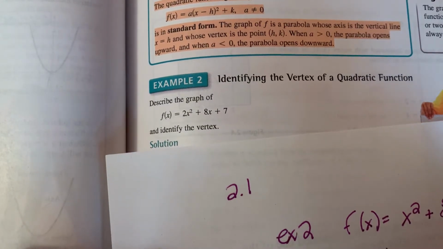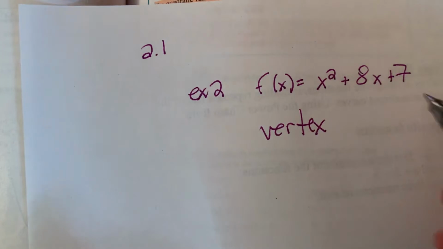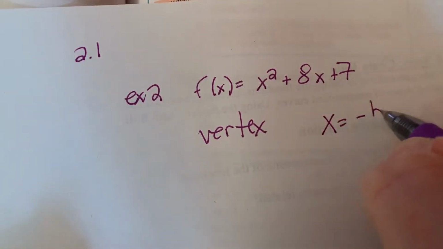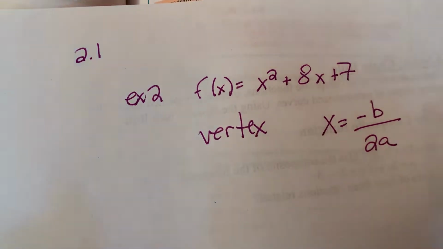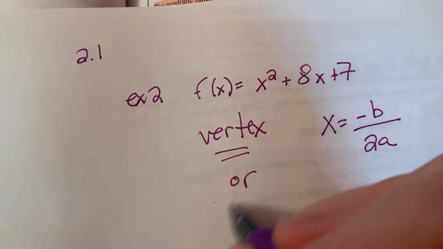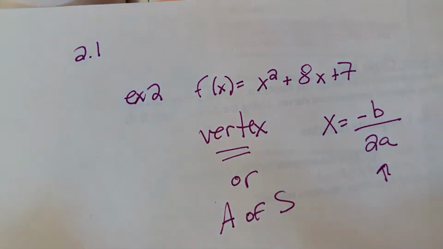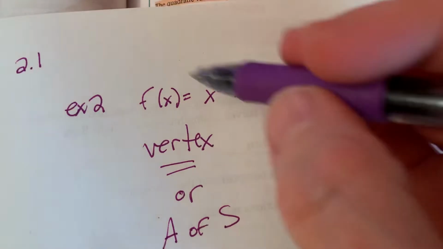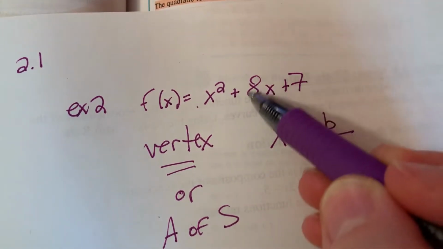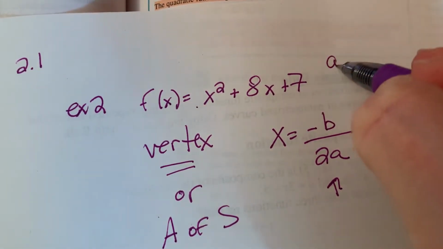So if you have to find the vertex, let me move that so you can see it, you have to start with finding the axis of symmetry, and that is that formula. So when they ask for vertex or axis of symmetry, you're going to start with this. Remember, a is the coefficient in front of the x squared, b is the coefficient in front of the x, c is the constant that hangs off the end.